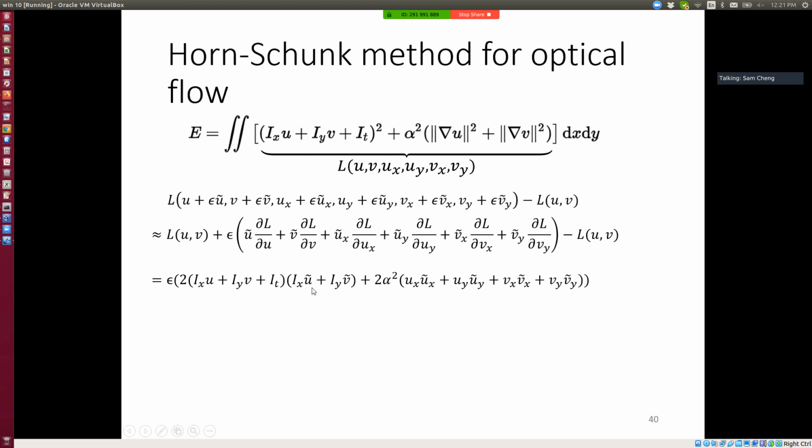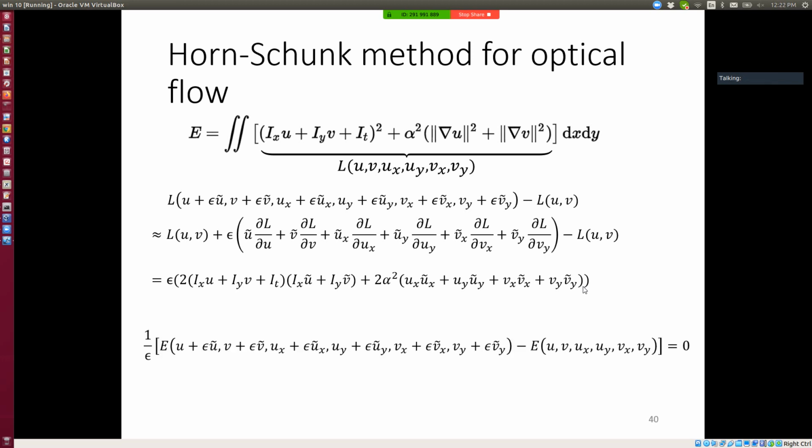But then I also have, taking the derivative of this guy, the same term multiplied by Iy v tilde. So then I just group together, and for the rest of these 4 terms I can group together again like this. This is for L, and I want the integral to be 0. So integrating this guy is equal to 0. The epsilon here got cancelled. The 2 here I don't care about because it's just a constant. So eventually I got this one here.